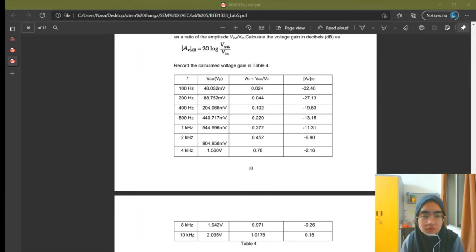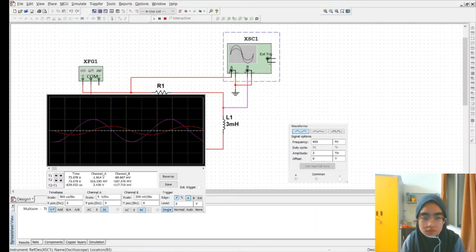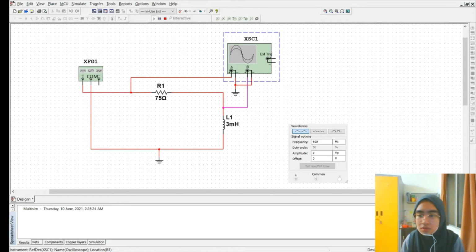Okay, so as you can see here, I've run the circuit. So in this Multisim, we use the oscilloscope, function generator, a resistor, and inductor. So these are the connections that we have connected to jot down the results. Okay, so I will demonstrate how we get the data for the V out.